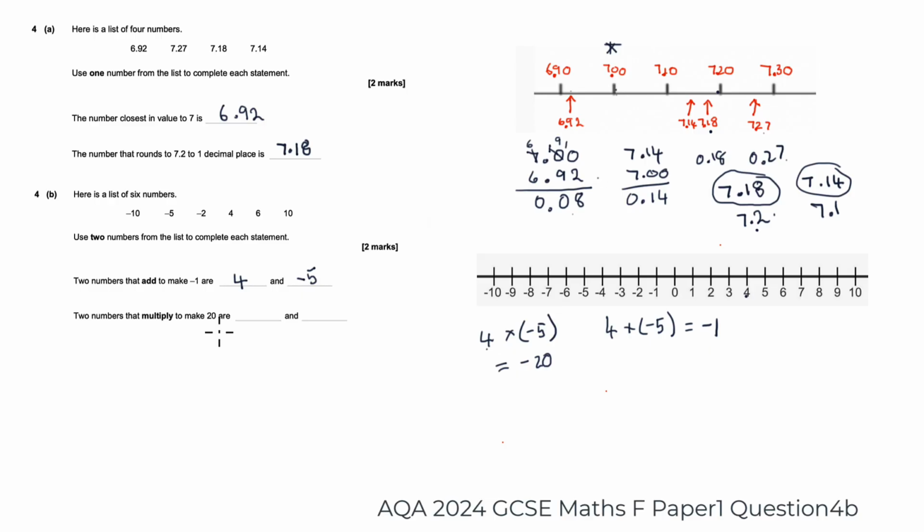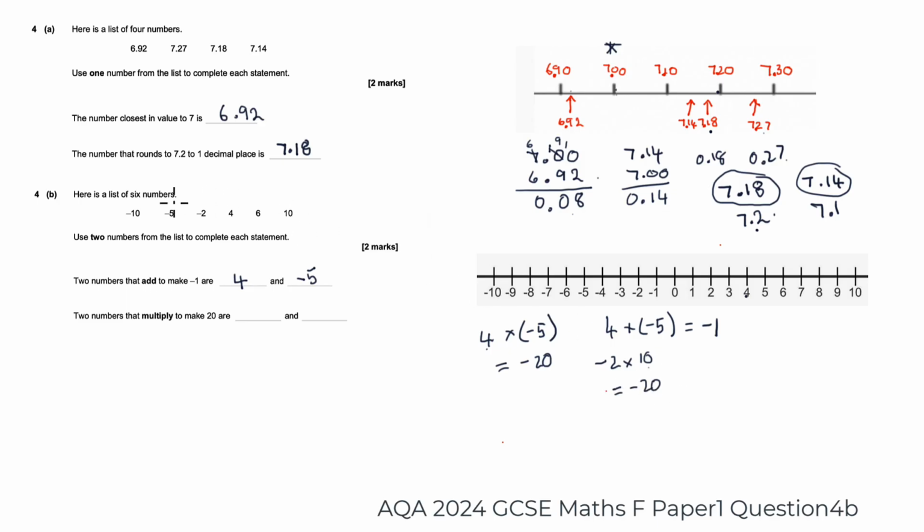So what other numbers multiplied together give us 20? Well, 2 times 10. Well, there is only one 2. It's a negative 2. Negative 2 times positive 10, we've got the same problem. Negative times positive, we'll get negative 20.